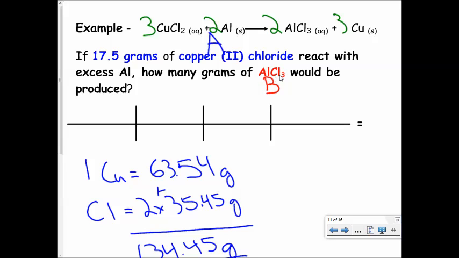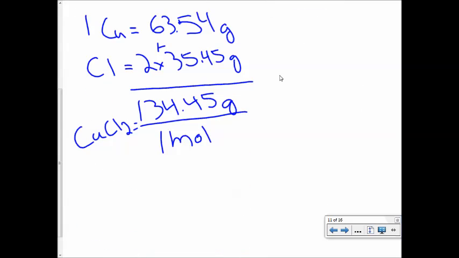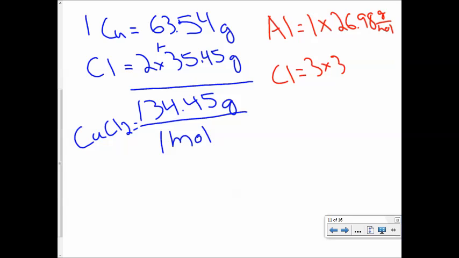We may as well just figure this out right away. We also need our molar mass of aluminum chloride. Now we have 1 aluminum, which has a mass of 26.98 grams per mole, and we have 3 chlorines, which have a mass of 35.45 grams per mole.